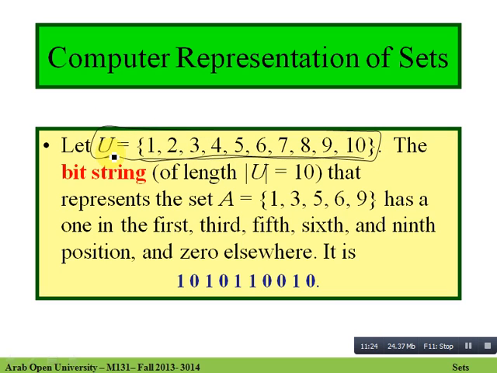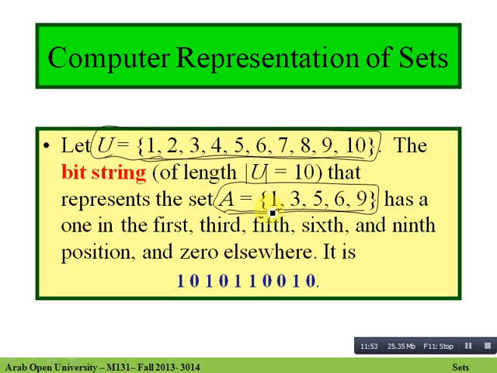Now let us say there is a subset called A with the values 1, 3, 5, 6, 9. If you want to represent this set A inside the computer, then in the place of an element which is present we mark 1, and for an element which is not present we mark 0.